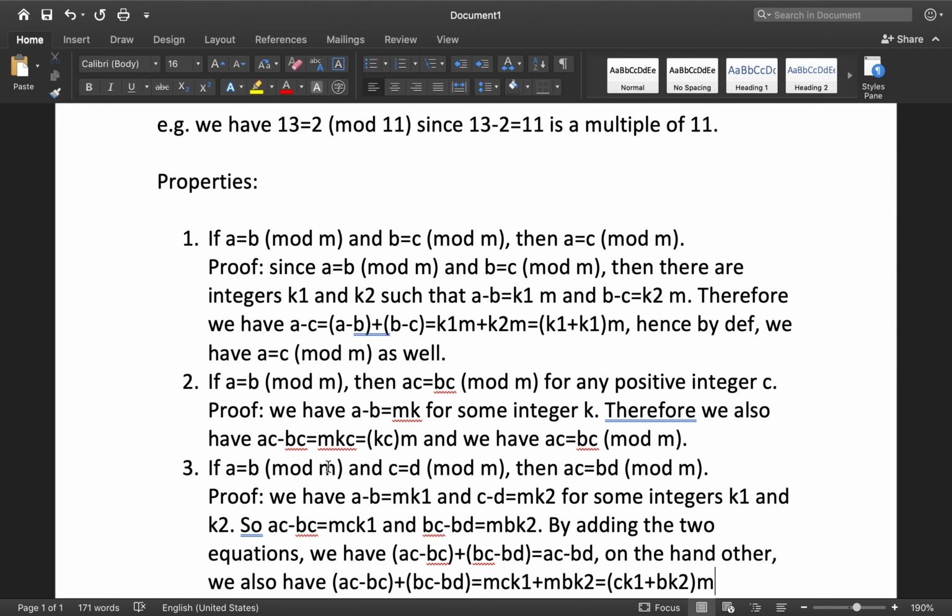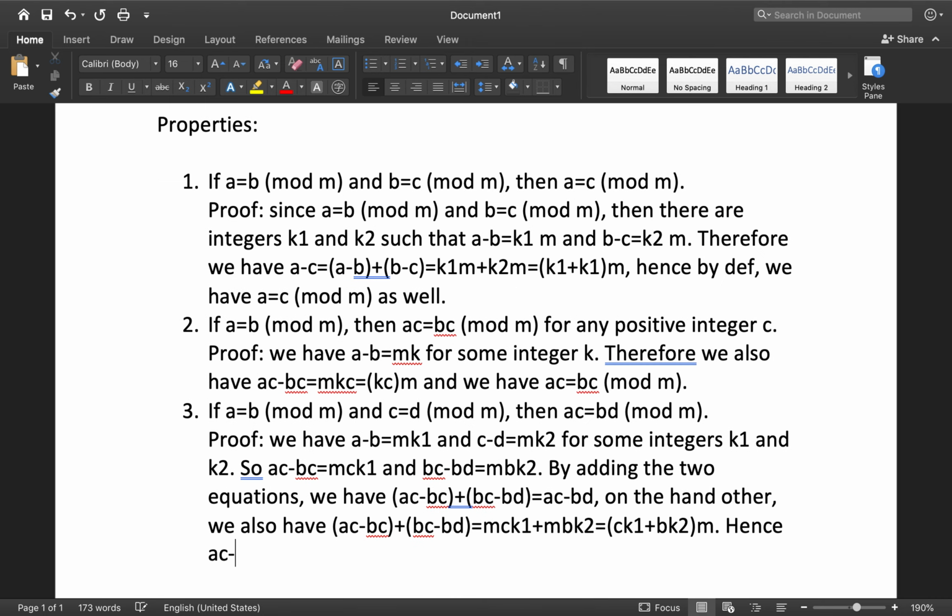Now you see, hence we have AC minus BD equal to exactly this term, and therefore we have AC congruent to BD by definition, because you just showed that the difference is an integer multiple of M. So we proved it.